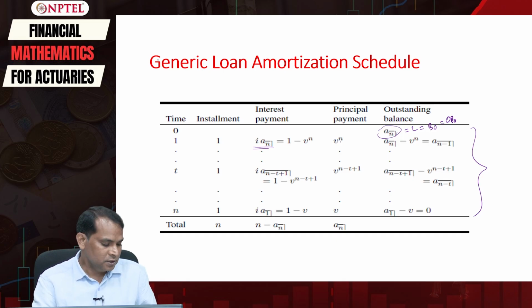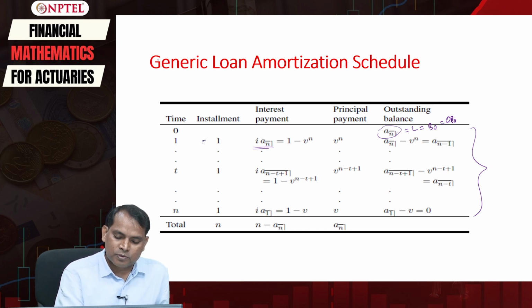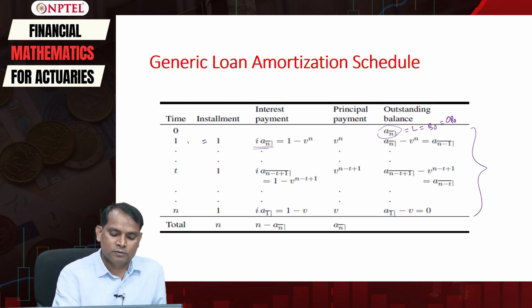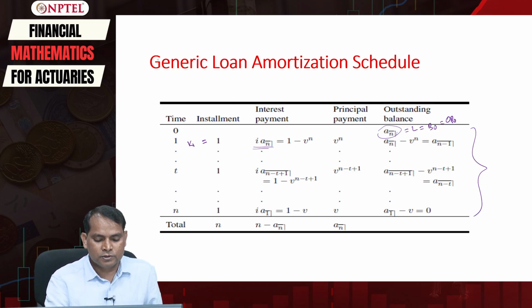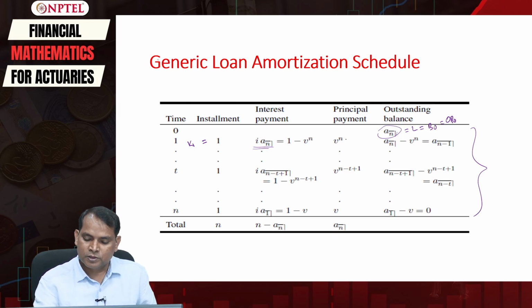In some books you will find it as K1, if it is a level payment. So for a level payment in the first period, K1 will be equal to 1 in this case, and therefore the principal reduction will be K1 minus this.